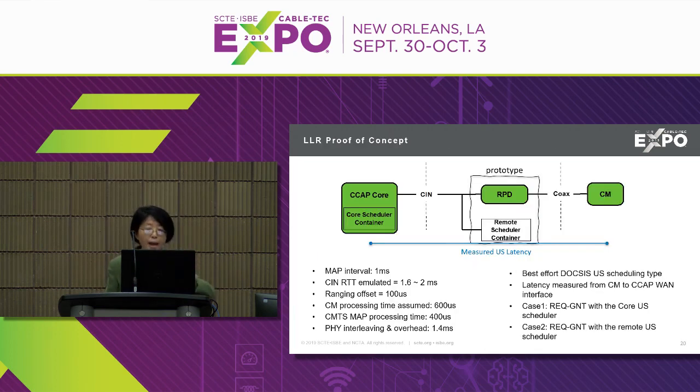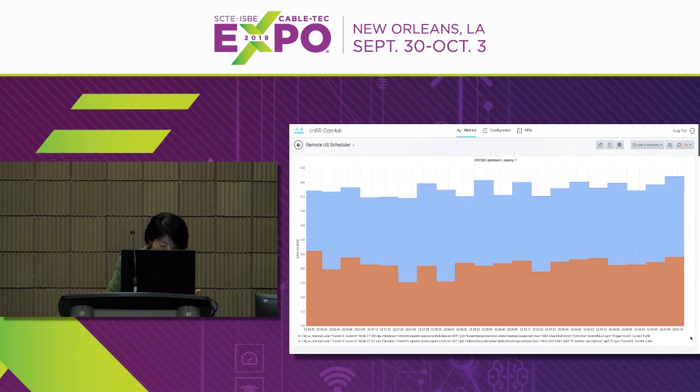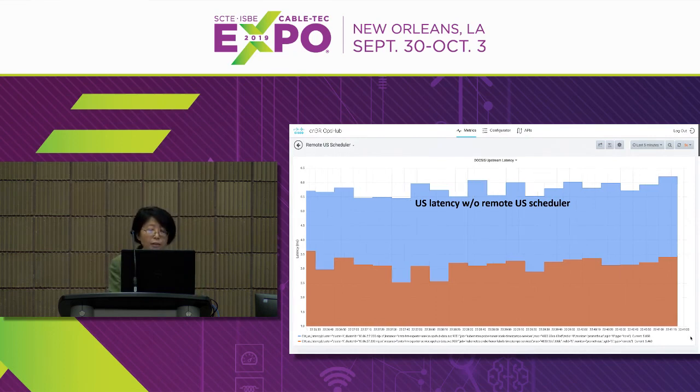We did a prototype of it. Basically, we add a scheduler container together with the RPD, and we compare the centralized scheduling with the remote scheduling. Here's what we have. See if I can get it. It's supposed to move. Did they move? So basically, the blue line is upstream latency without the remote upstream scheduler.